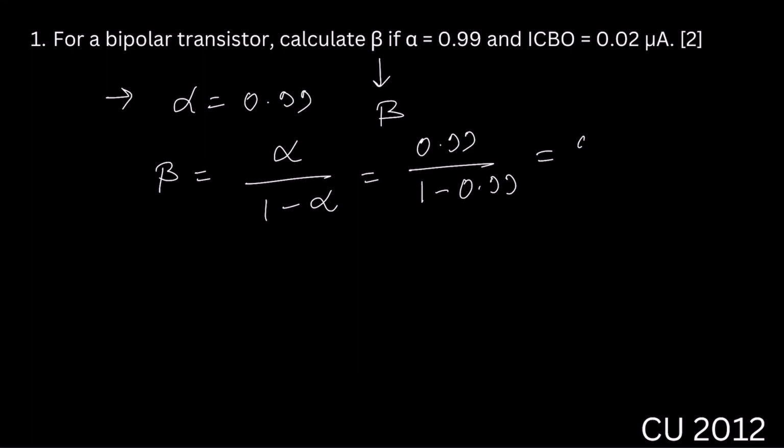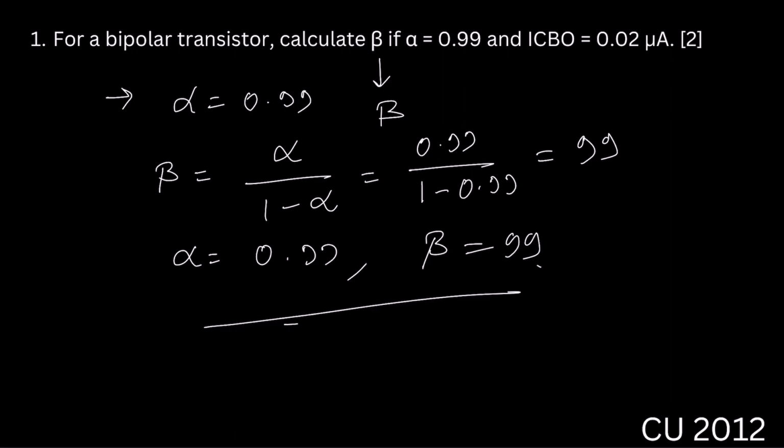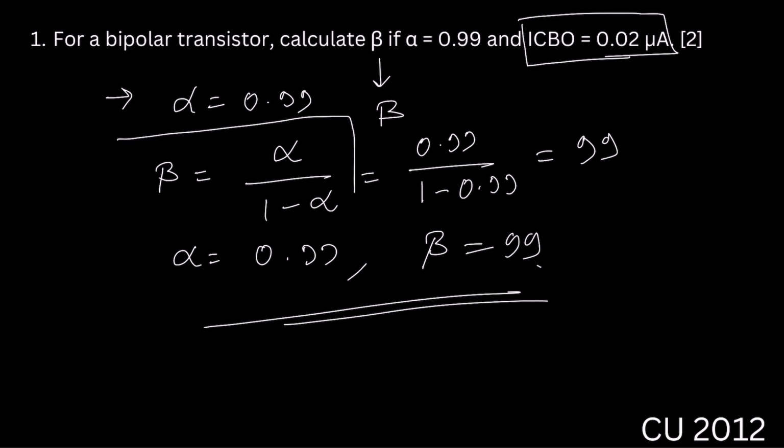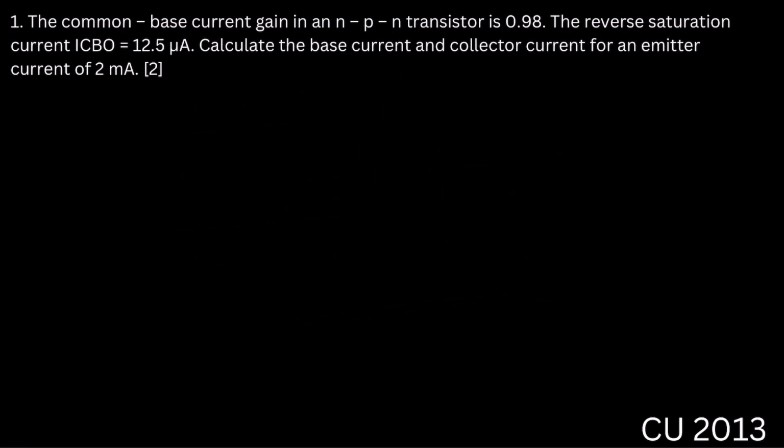Okay, this will be equal to 99. So if alpha is 0.99, then beta will be 99. So this will be the answer. Here you can see I didn't take ICBO, as our formula is beta is equal to alpha by 1 minus alpha. Now go to the next question.